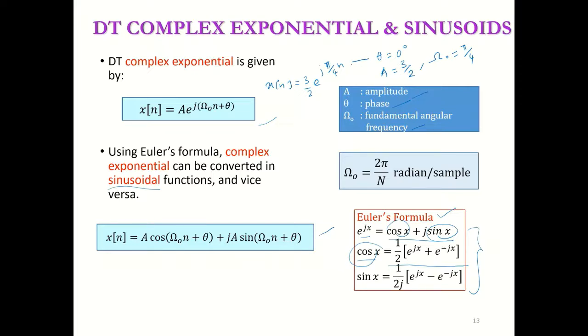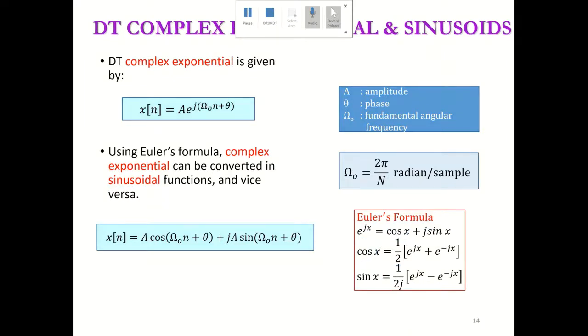And likewise, if we have sine x, we want to convert into exponential, we can use this expression, which is 1/2j times e^(jx) minus e^(-jx). So these Euler's formulas are very important in this part. We want to use in Fourier analysis, these Euler formulas are very important.